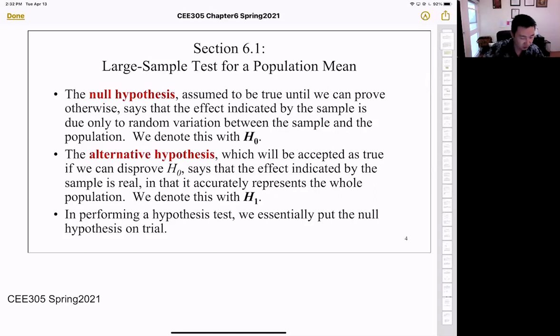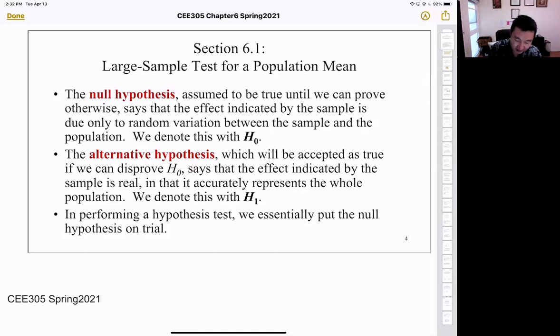For a hypothesis test, we have a so-called null hypothesis, assumed to be true until we can prove otherwise. Let's read here. It says that the effect indicated by the sample is due only to random variation between the sample and the population.